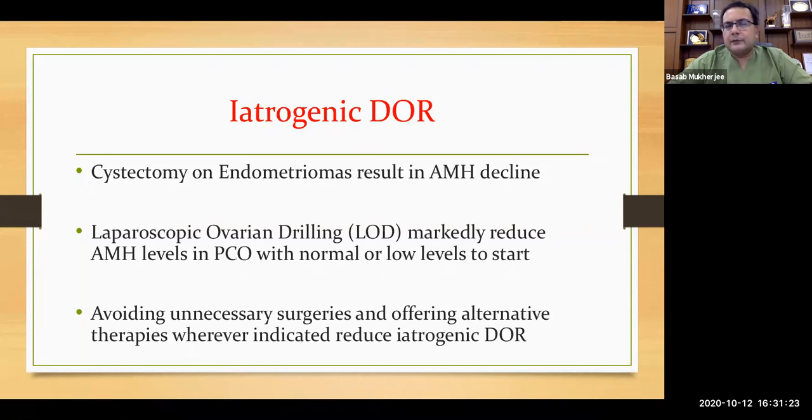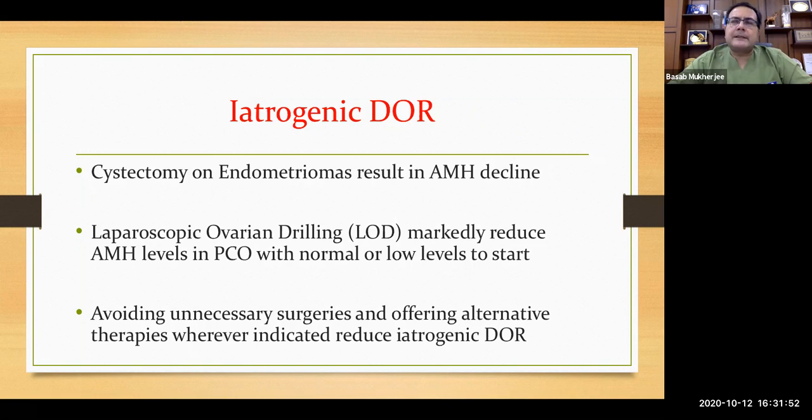If you don't do it, you will have a recurrence, but at the same time, when you're trying to peel off, when you're having bleeding at the base, and when again you're trying to burn it out, then you would be destroying many more follicles. So those are things which have to be balanced. But I think the laparoscopic surgeon in every aspect has to be aware that every surgical procedure done on the ovary will result in a decrease of ovarian reserve.